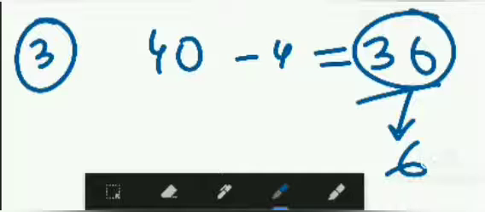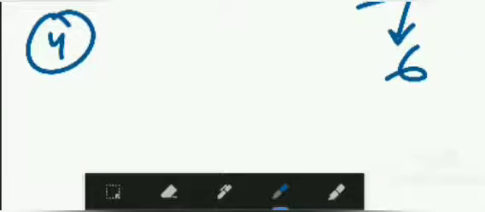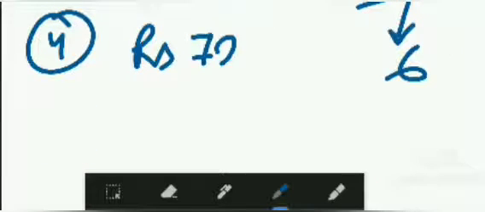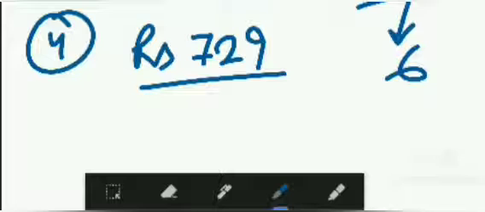Try to do it at your home, and if you want to send it to me, you can send it to my personal WhatsApp number. Now I am coming to question number 4. You have to do it the same way. No subtraction is there. Question number 4 is similar to question number 1. Rupees 729 is given, and this amount has been collected in such a way that the contribution of each member is equal to the number of members.